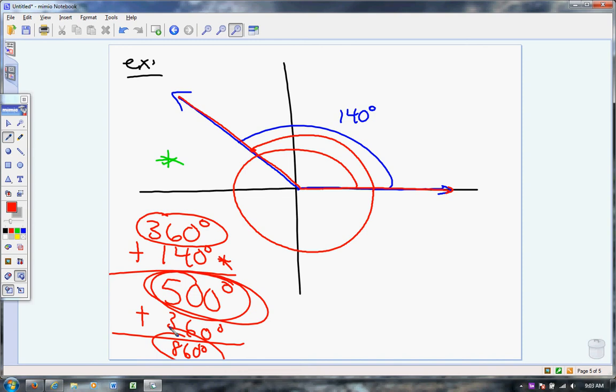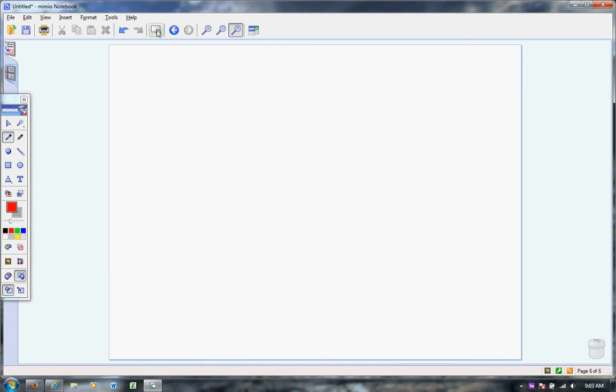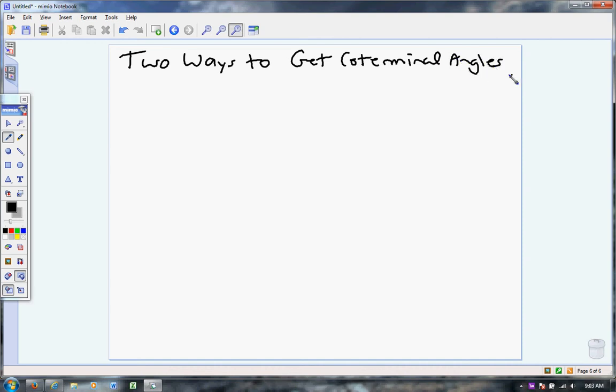So, two ways, let's just kind of summarize this. Two ways to get coterminal angles.